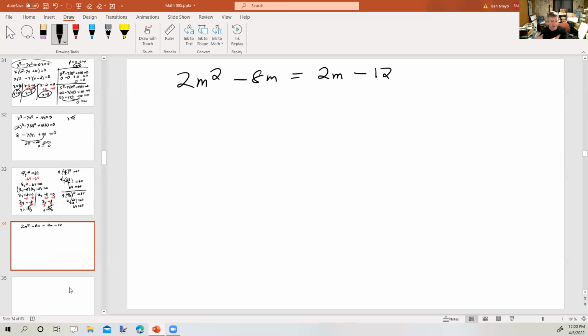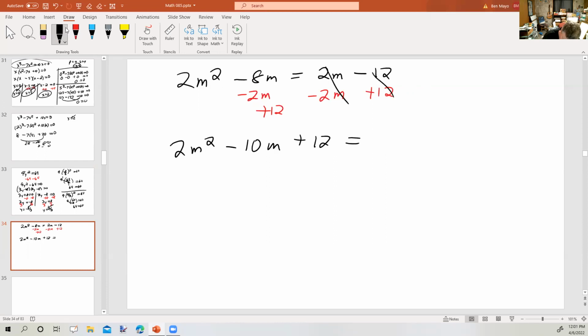I'm going to move everything to the left side so that my leading coefficient is still positive. So I'm going to subtract 2m from both sides, and I'm going to add 12 to both sides. So I get 2m squared minus 10m plus 12 equals 0.